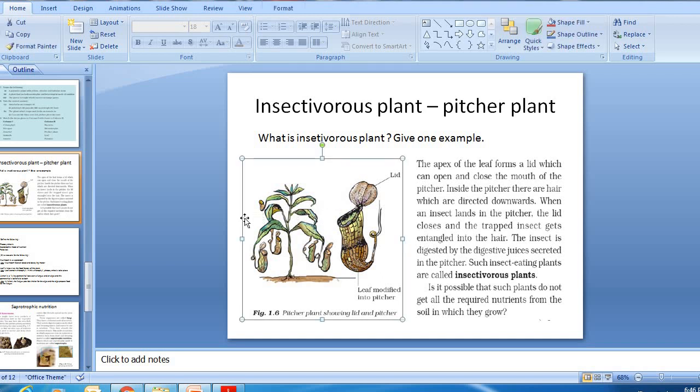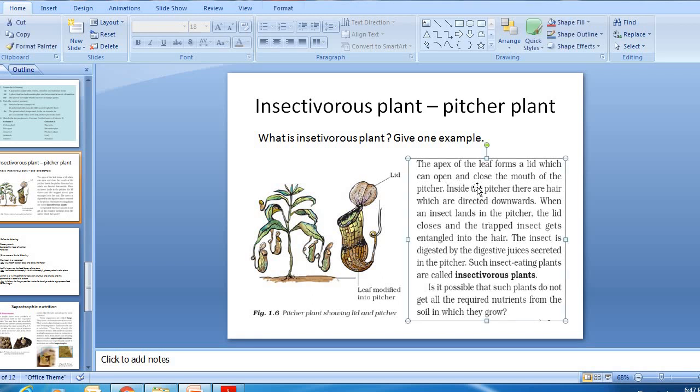And you can see the text here. The apex of the leaf forms a lid. Apex means tip. The apex of the leaf forms a lid which can open and close the mouth of the pitcher.